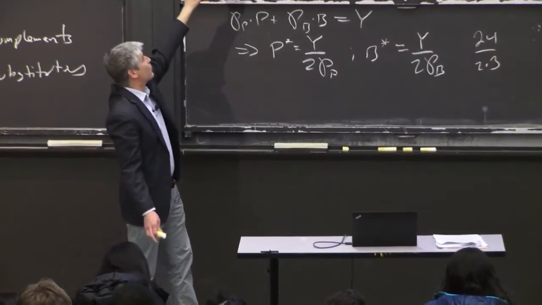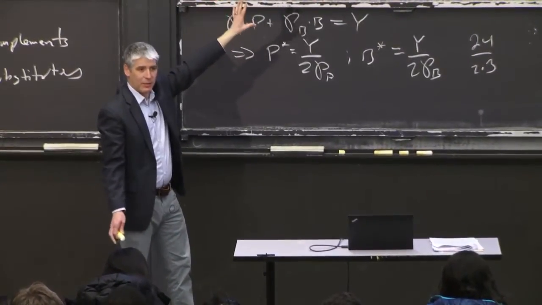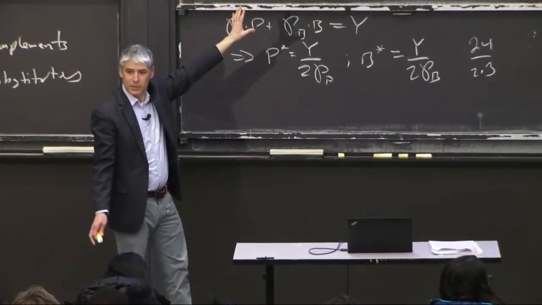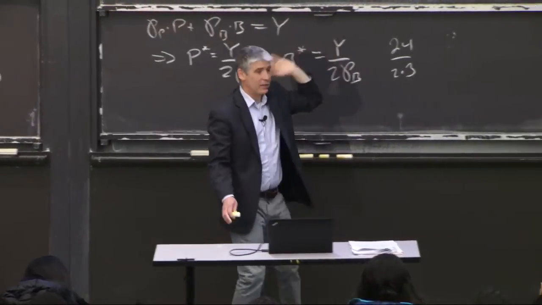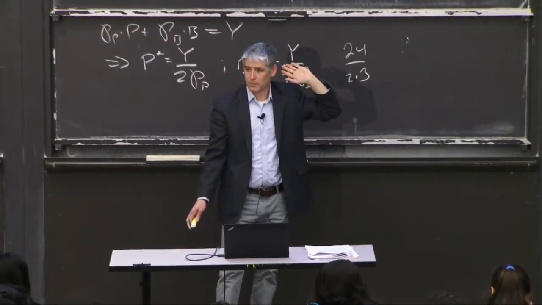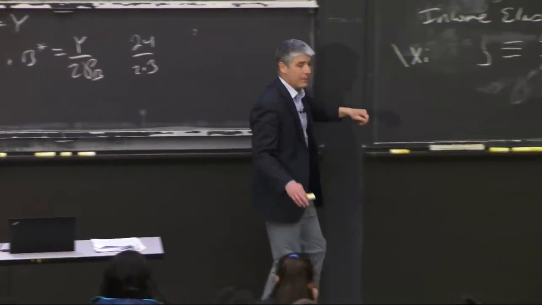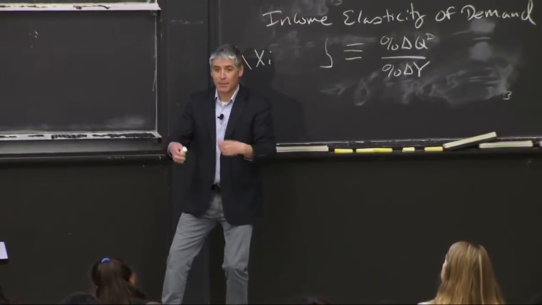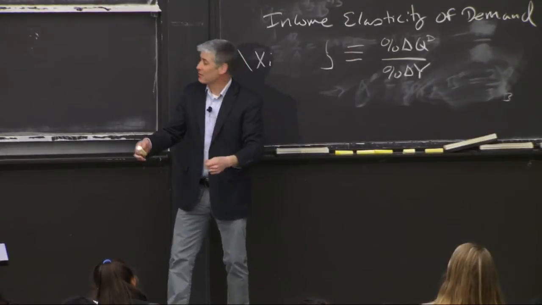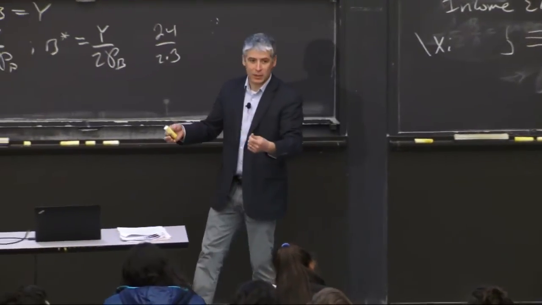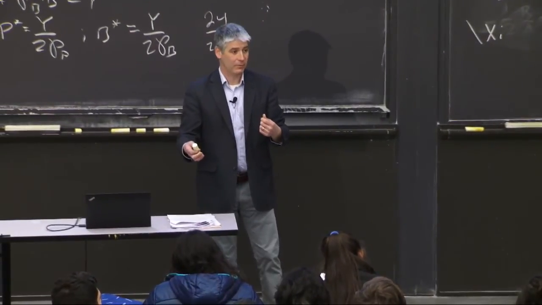If I instead redid this bottom plot on a log-log scale, then the slope of that thing would be exactly the income elasticity of demand. Here, for this problem, because everything is proportional, this happens to be 1. But that's a special case corresponding to this utility function and won't in general be the case.